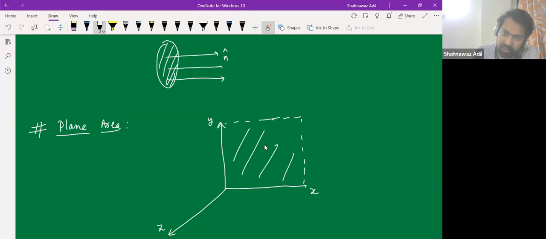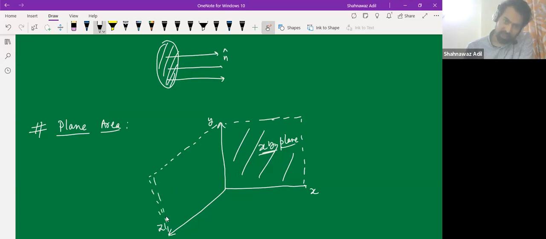What would be the normal to this vector? For XY plane, the normal would be in which direction? You guys think about it.